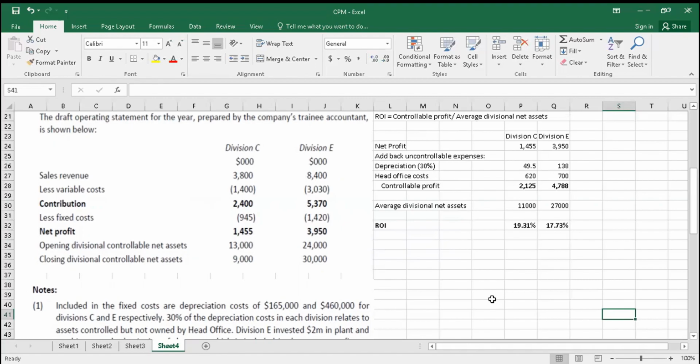In other situations, we generally call depreciation an uncontrollable cost, so it should not be affecting the controllable profit. But in this particular question, one portion of it is controllable, one portion is uncontrollable. So depreciation also will have an impact on the profit available. That has reduced their profits, which is below the target ROI of 18%.